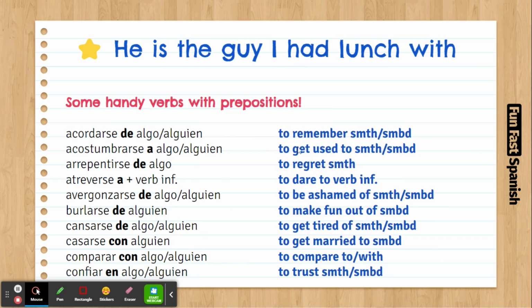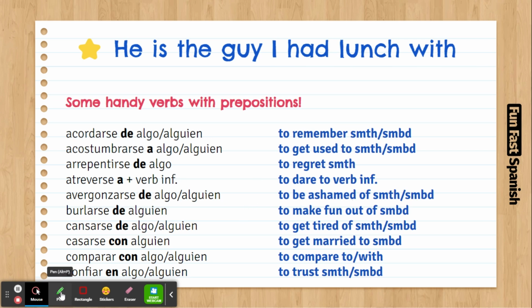Acordarse de algo, to remember something. Acostumbrarse a algo, to get used to something. Arrepentirse de algo, to regret something. As you can see, here are the prepositions de, a, de. Atreverse a algo is to dare to do something. Avergonzarse de algo is to be ashamed, and so on.